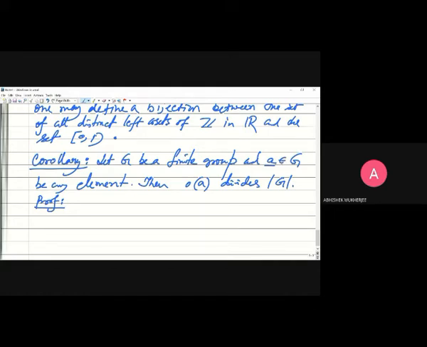Using this fact and Lagrange's theorem, the order of that subgroup divides the order of the group, and since the order of the subgroup equals the order of the element, the order of the element divides the order of the group. So that is the scheme of the proof.